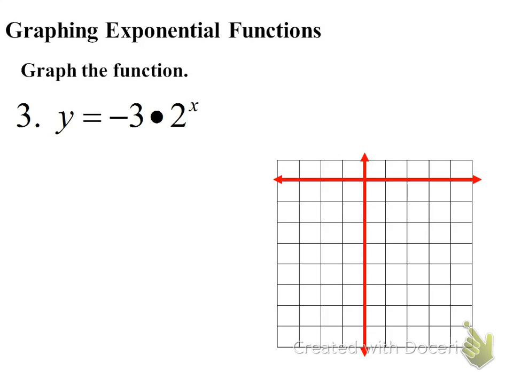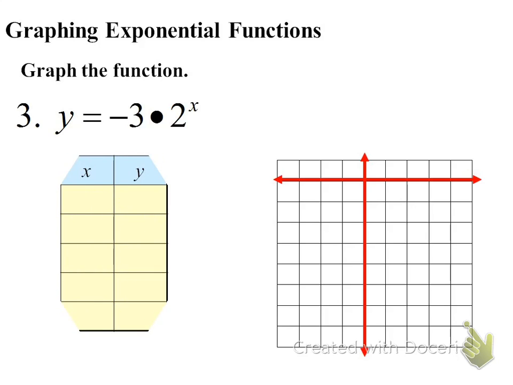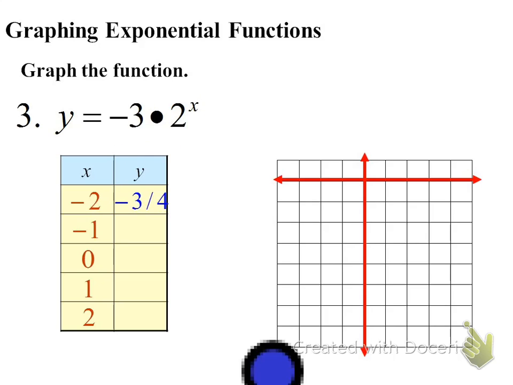We should still have an asymptote on the x-axis. And we can still plug in those basic 5 points right around the origin. This is a lot of calculator work, so I won't bore you with it too much, but remember the -2 makes the 2 squared go to the bottom. The -3 would stay on top, so that's how we get the -3/4.